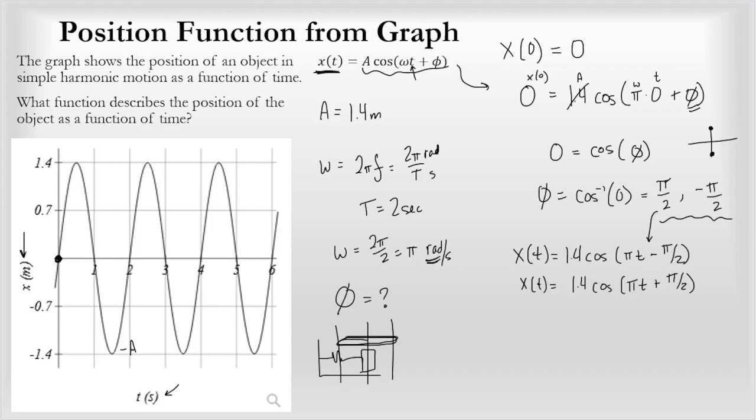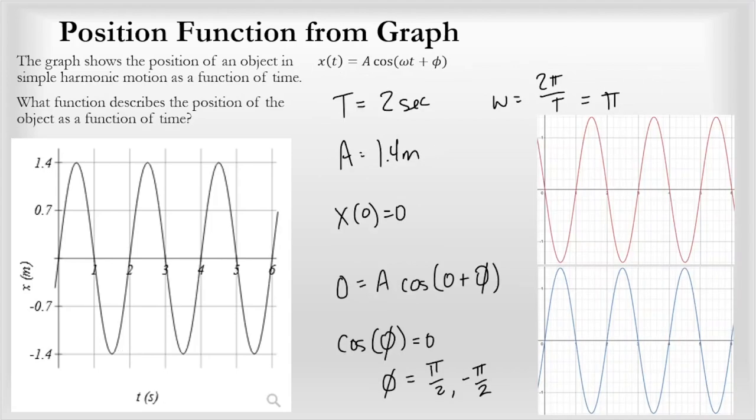I did this problem a little bit earlier, and this is my work from then. Up here, this graph is 1.4 cosine of pi times t plus pi over 2. This is the plus one. And this is 1.4 cosine of pi t minus pi over 2. I just graphed them.